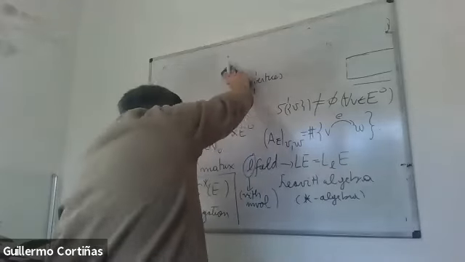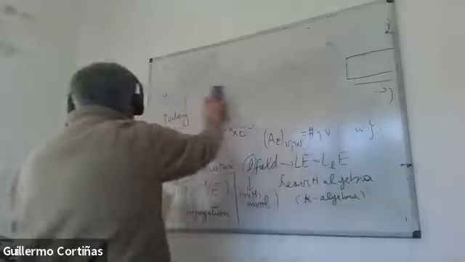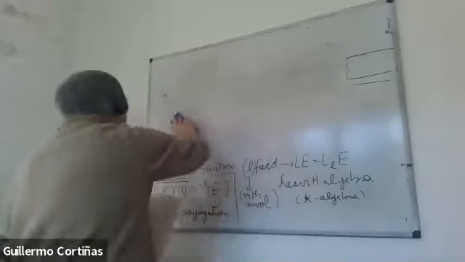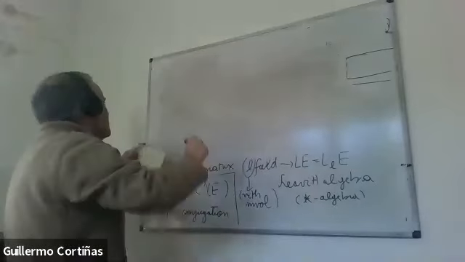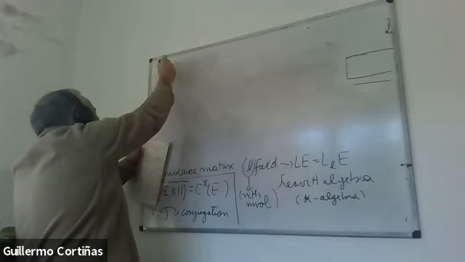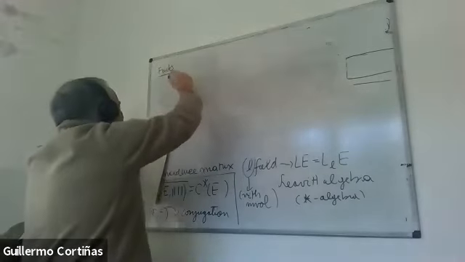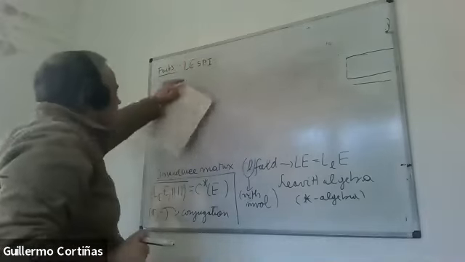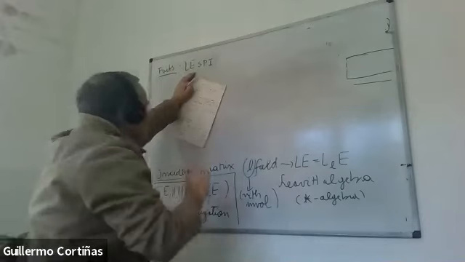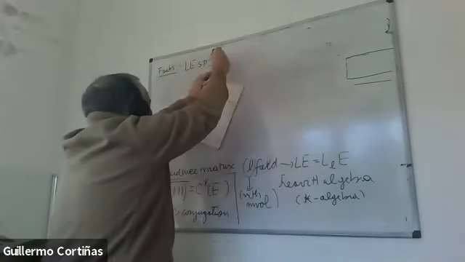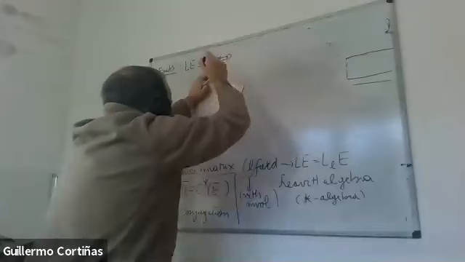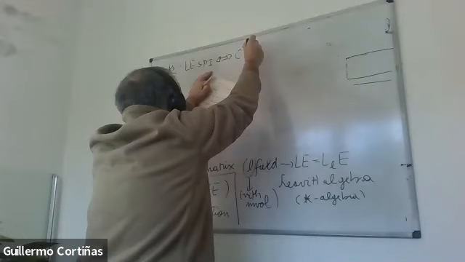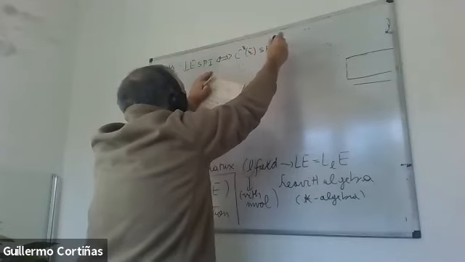So here are some facts. The Leavitt path algebra of the graph E is simply purely infinite if and only if the C-star algebra of E is simply purely infinite.